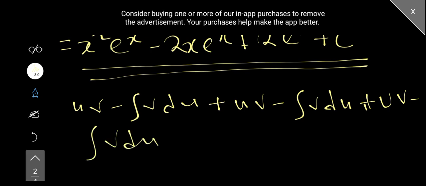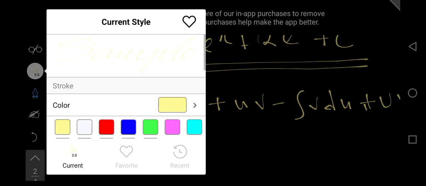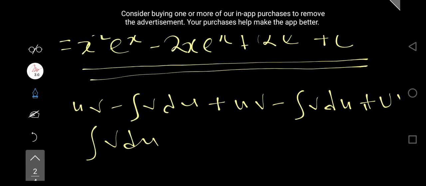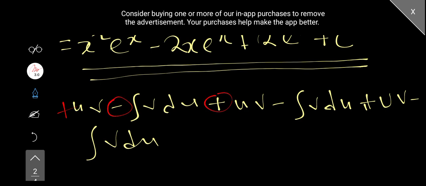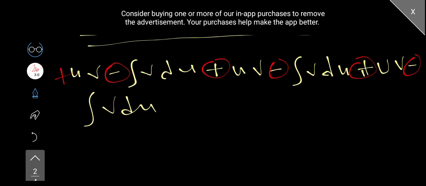So let us observe what is happening. Look at the signs. We have positive, negative, positive, negative, positive, negative. So the signs are actually alternating. That is one thing we note. The other thing that we note is we are choosing two functions.